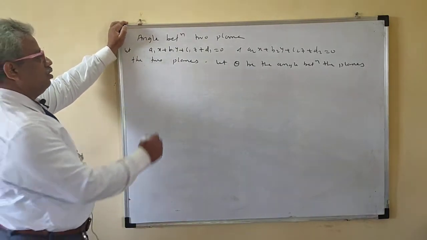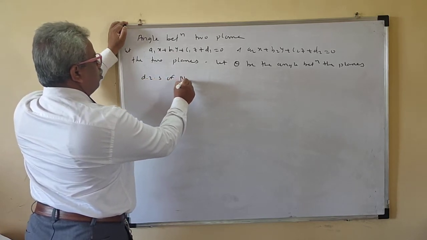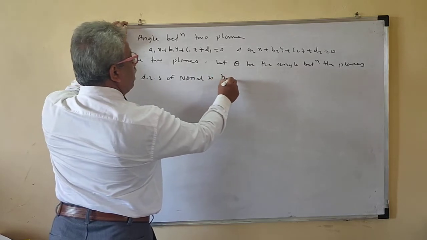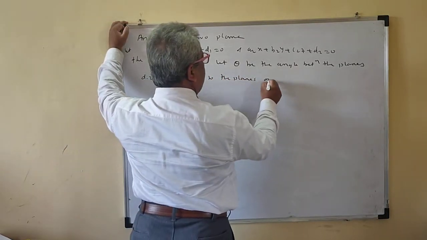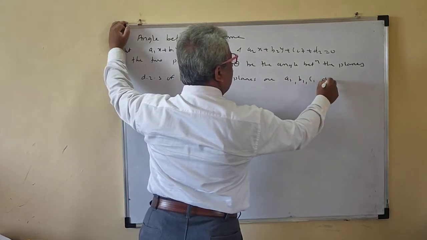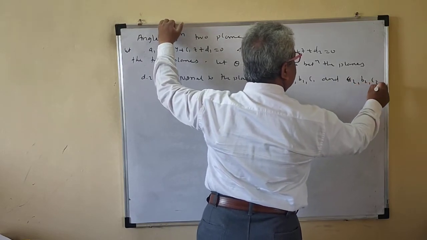So the DRs of the normals to the planes are A1, B1, C1 and A2, B2, C2.